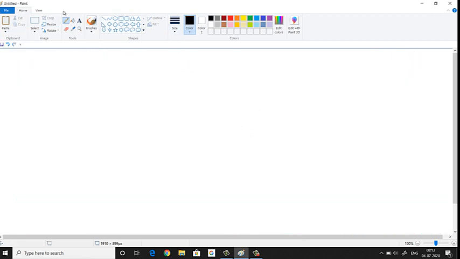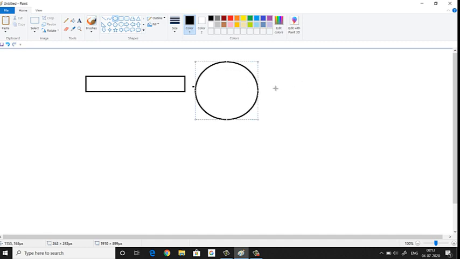Next question is, we got a rod here, and we have two spheres, like this. We got two spheres touching each other. Both of these spheres are conductors.